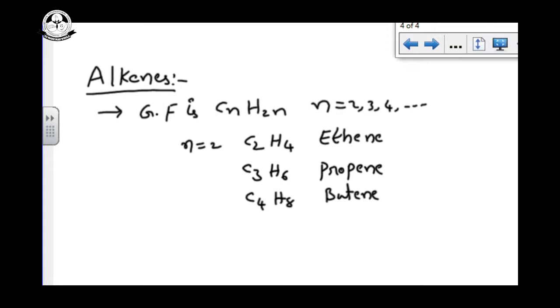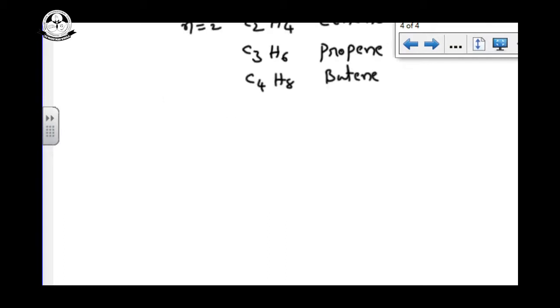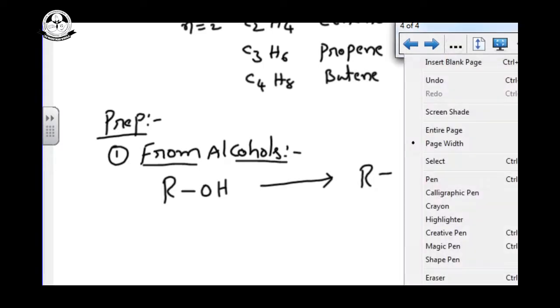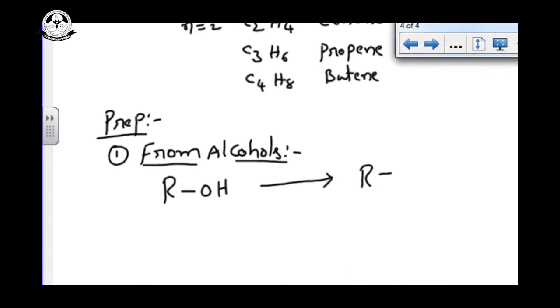Now we are going to start with the preparation of alkenes, from alcohols. Taking the alcohol general formula ROH, it is converted to an alkene with a double bond.